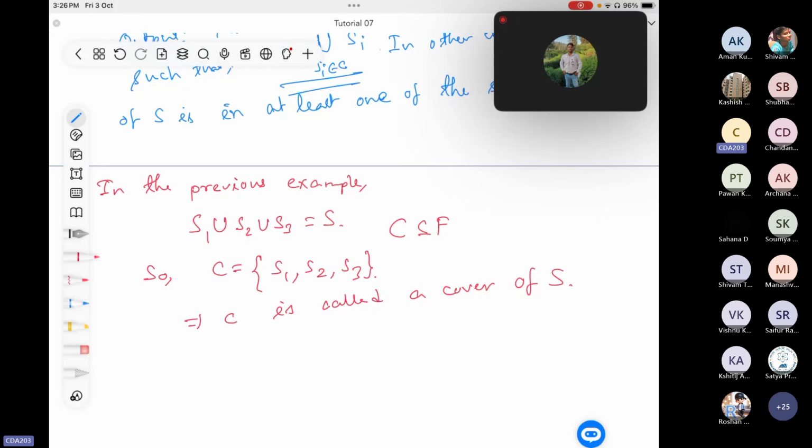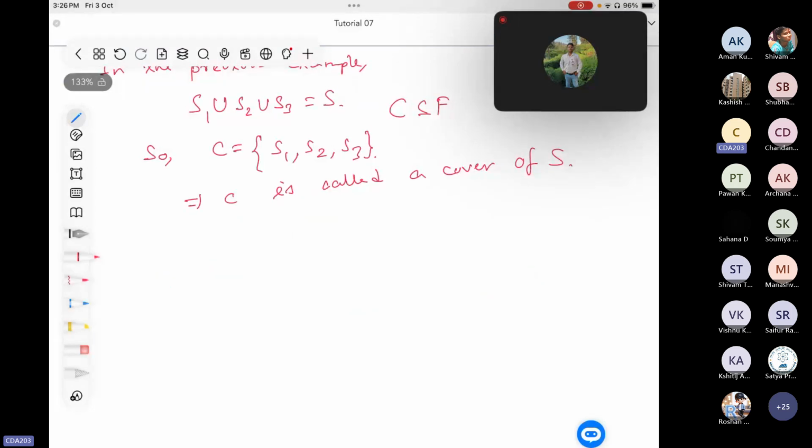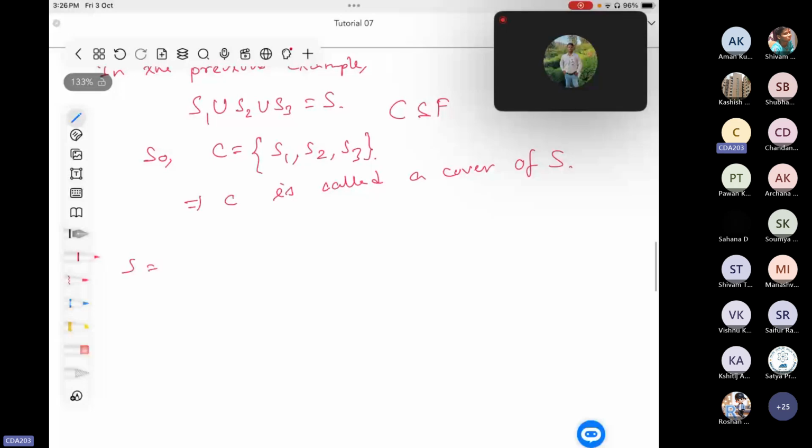For example, take the same set again, one, two, and you could have a different family. Let me write the sets.